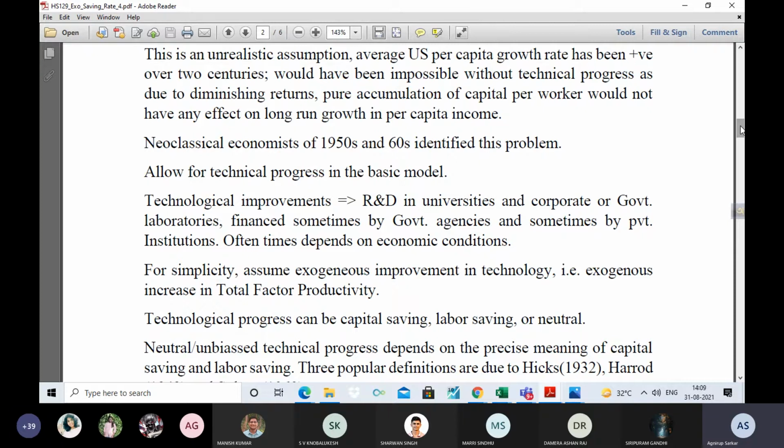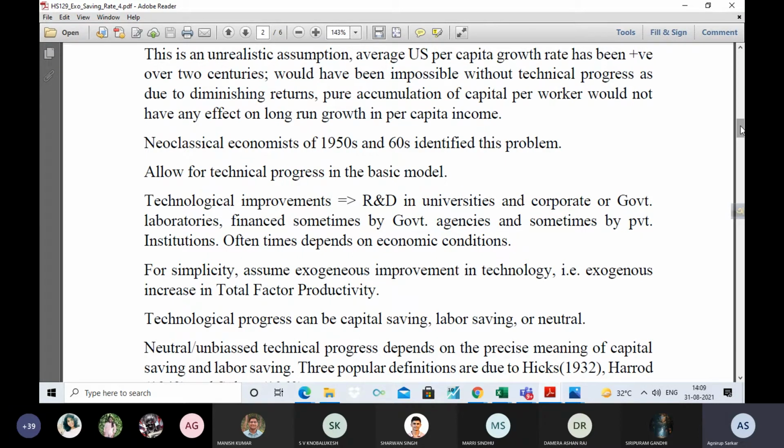Otherwise, the fact that there is diminishing returns to an input is one of the major assumptions. The entire Solow growth model or any sort of neoclassical growth model hinges around this particular idea that there is diminishing returns to an input, in this case capital, right? So diminishing returns to capital would have made positive growth in the long run impossible, had there been no technological progress.